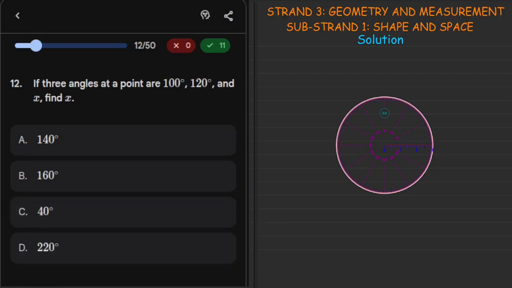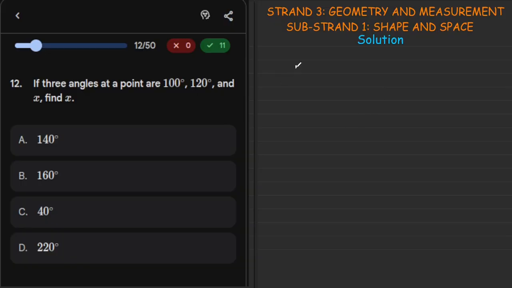If three angles at a point are 100, 120, and X, you have to find the value of X. Take note, these are angles at a point. So for angles at a point, we know their sum gives us what? 360.